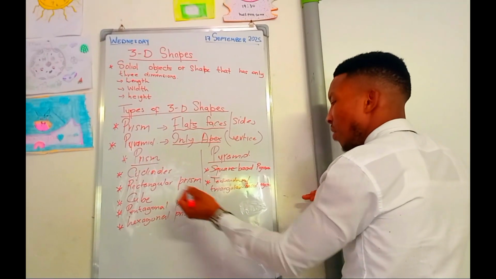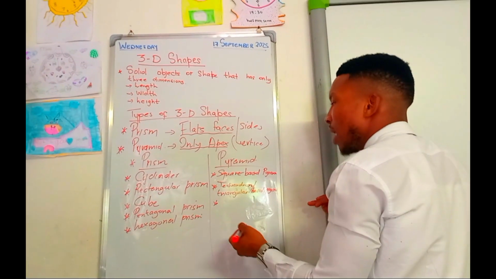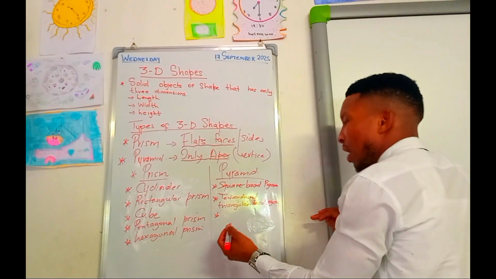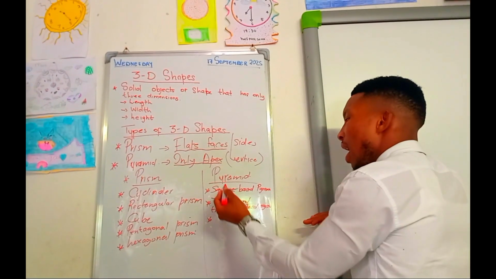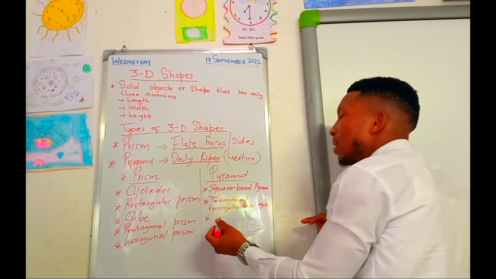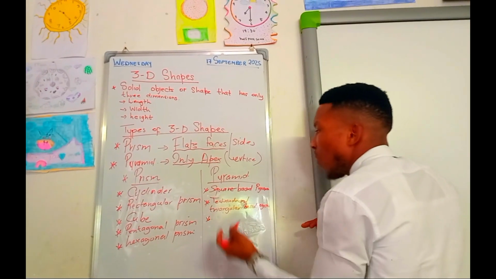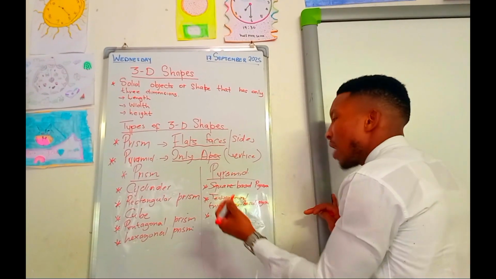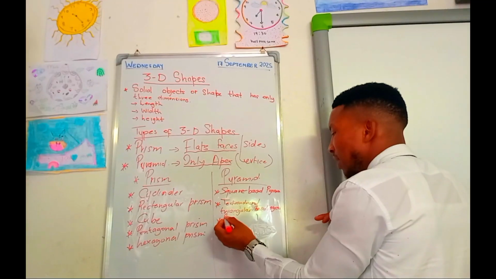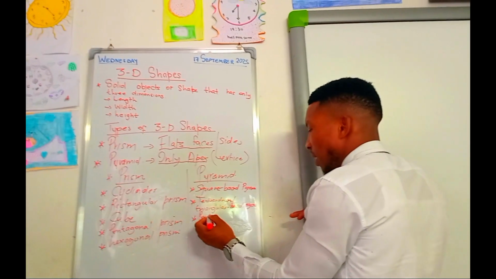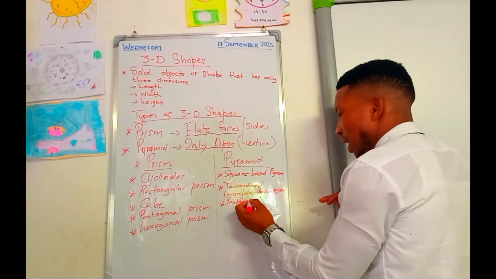Then we have a pentagonal pyramid and a hexagonal pyramid. We always name the pyramid by looking at the base of the pyramid. Okay? Then we have a pentagonal base pyramid.